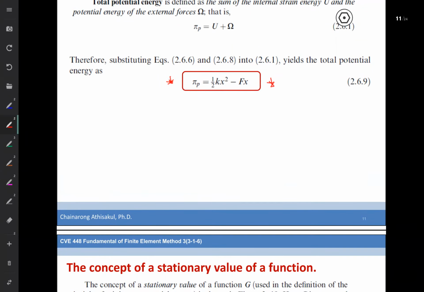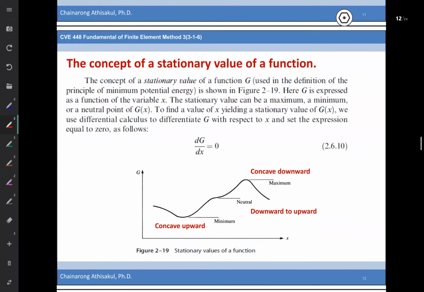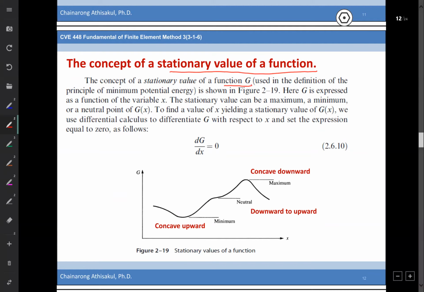Before we go further, we have to consider the concept of the stationary value of a function that we have learned from calculus. If we imagine that we have a general function g, maybe a curve like this picture, we can see that there may be a minimum value and a maximum value as shown in this picture.